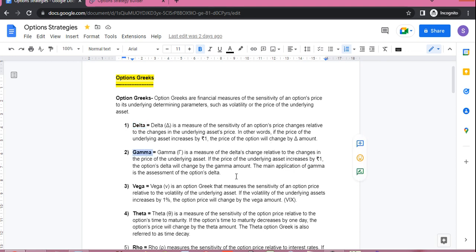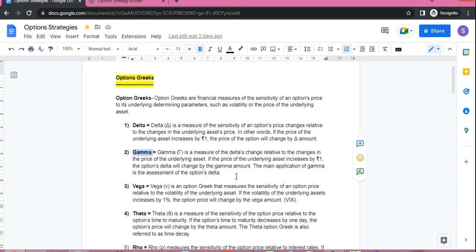Next is gamma. Gamma is the measure of the delta's change relative to the change in the price of the underlying asset. If the price of the underlying asset increases by 1 rupee, the option's delta will change by the gamma amount. The main application of gamma is the assessment of the option's delta. Let's say Nifty is underlying and gamma is at 2.